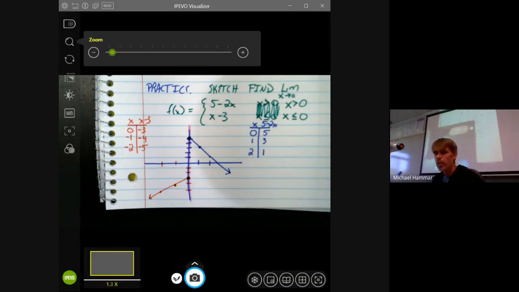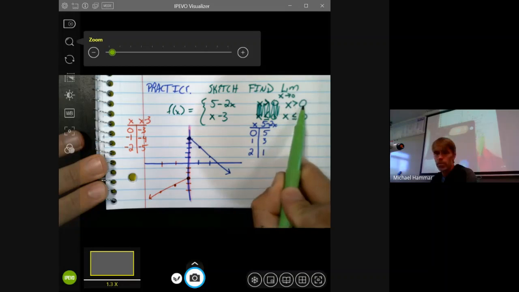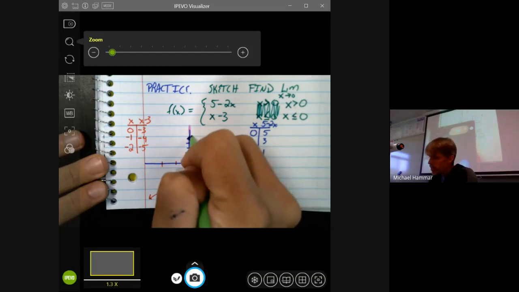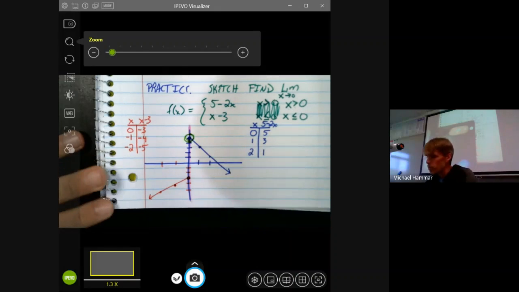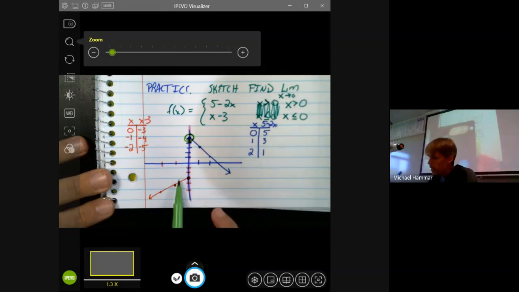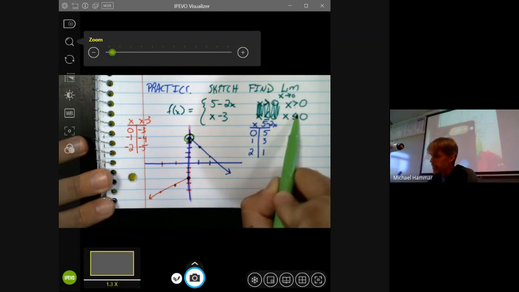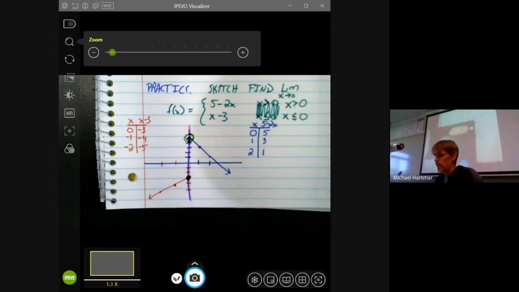Now remember, you do need to figure out what sort of open or closed dots they're going to be. Notice this first line on the right is x greater than 0. That means there's no equal sign, so this has to be an open dot, because it's not greater than or equal to 0. And on this one here, notice that it's x less than or equal to 0. That means this has to be a closed dot.